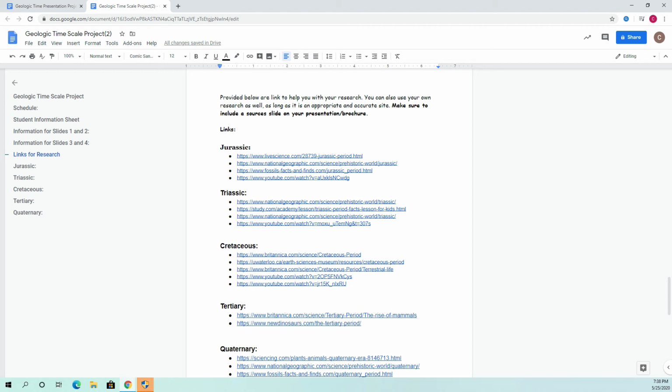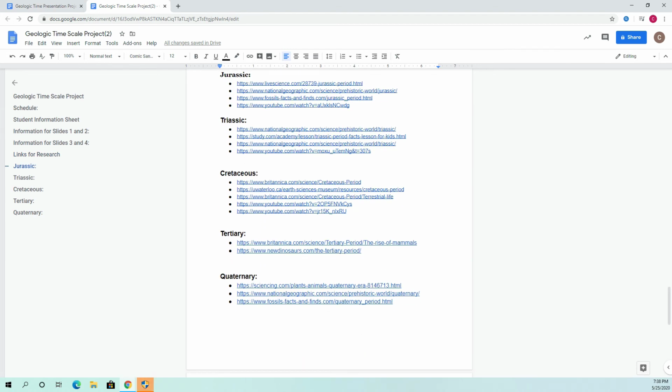So for instance, if you were given the Jurassic period, you're going to look at these sources. If you were given the Triassic period, you're going to look at these sources. If you were given the Cretaceous period, you're going to look at these sources. You can do your own outside research, but I would highly suggest you don't. All the information you need will be in these links.